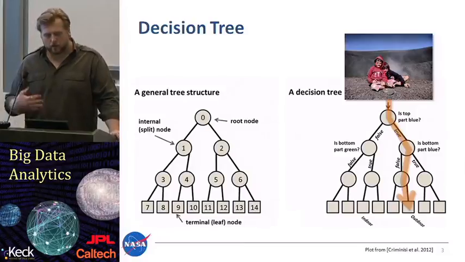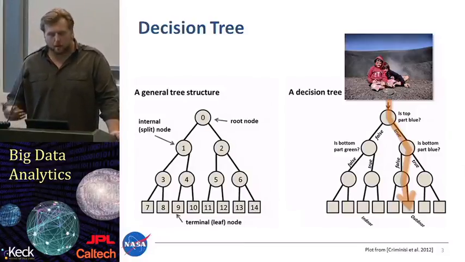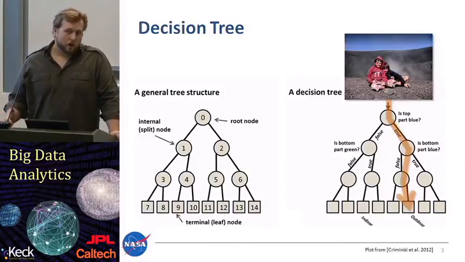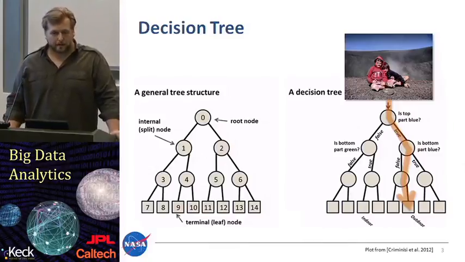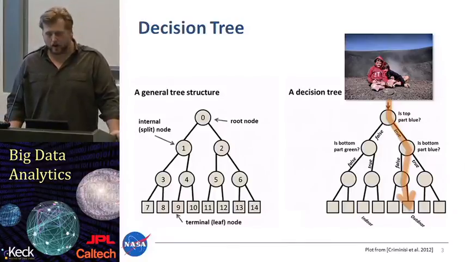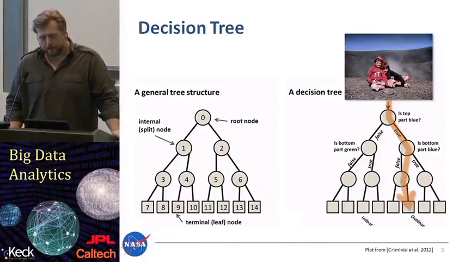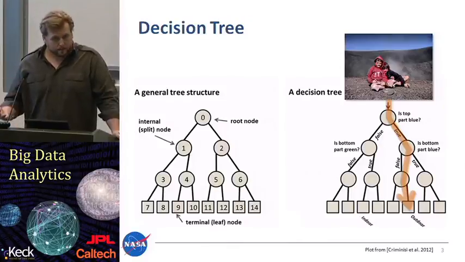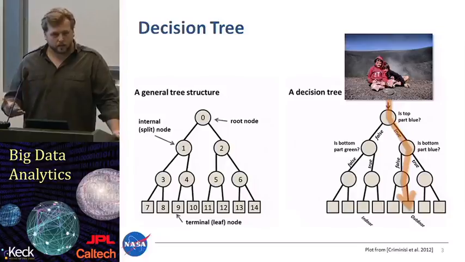If yes, you could go to the right and then ask the next question, is the bottom part of the image blue? If yes, you would go right. If no, you would go left, and so on until you reach one of these leaf nodes. And the leaf node then indicates if the image is actually an indoor image or an outdoor image. So this is naturally a very simple example.